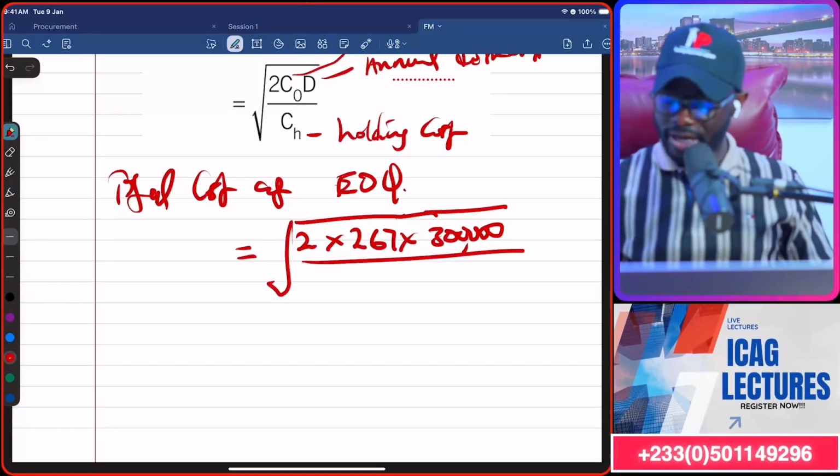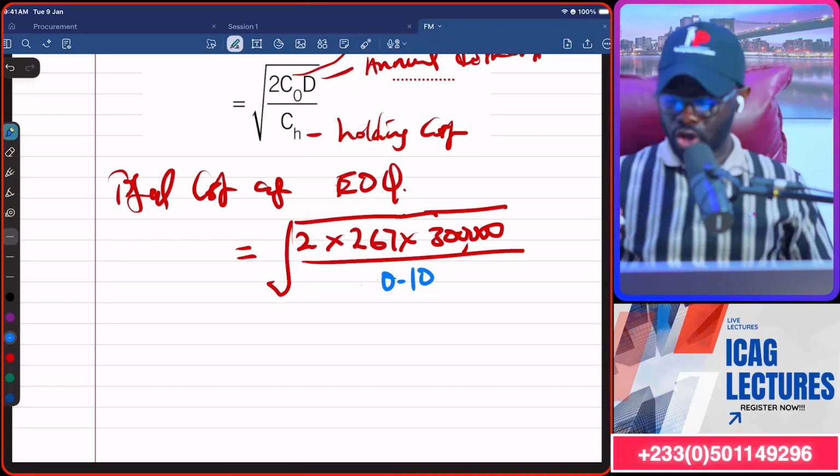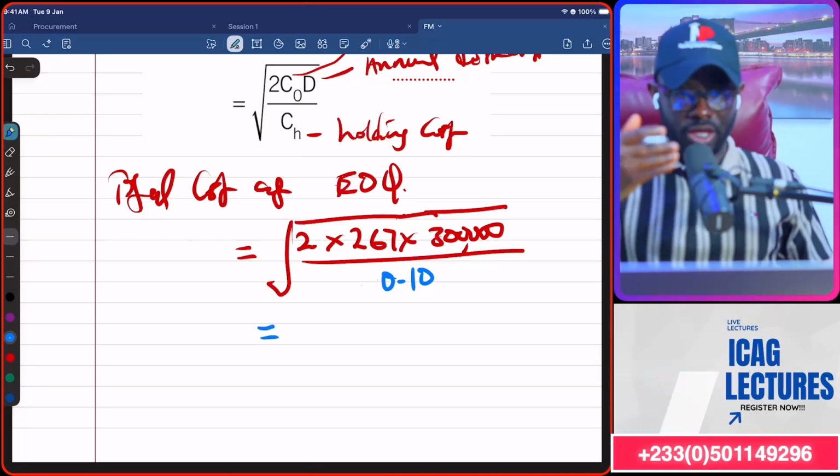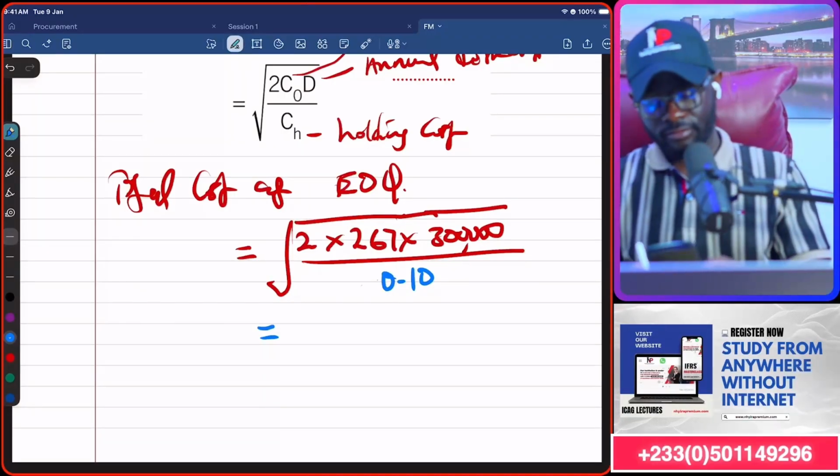We divide that by the holding cost, which is 10 cents, 0.10. So we punch that out, and that will give us the economic order quantity.